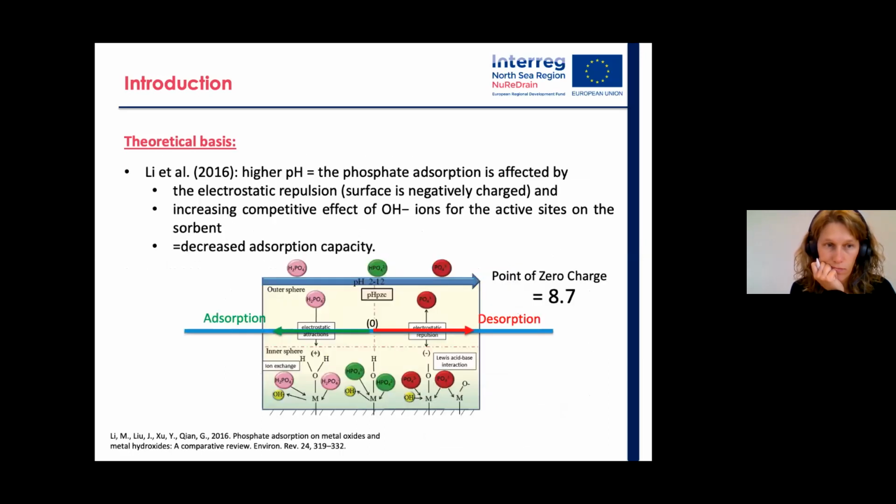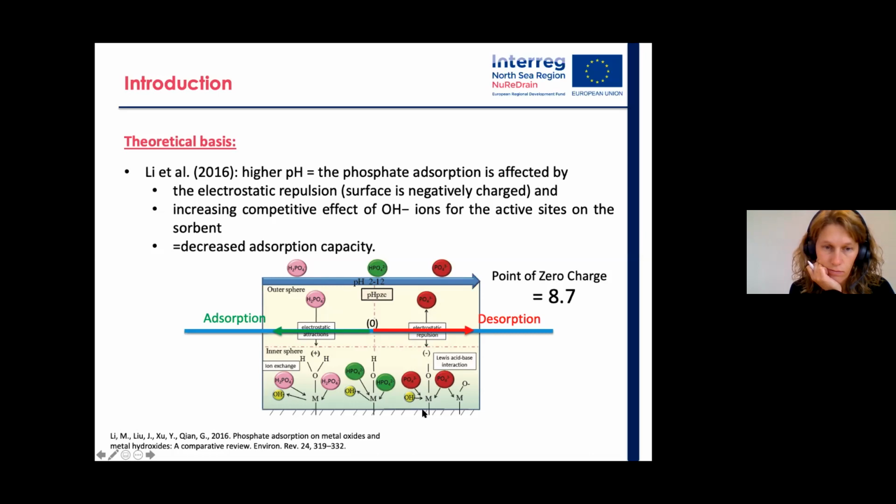Okay, a little bit of chemistry on the surface of the granule. You can look at this side of the figure. So I said at the point of zero charge, and it's this pH, we have a charge of 0. But at higher pHs, we have a negatively charged surface. This means that there is repulsion between the surface and the phosphate ions, which are also negatively charged.